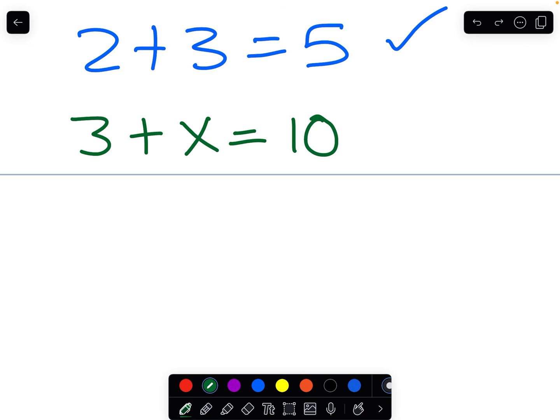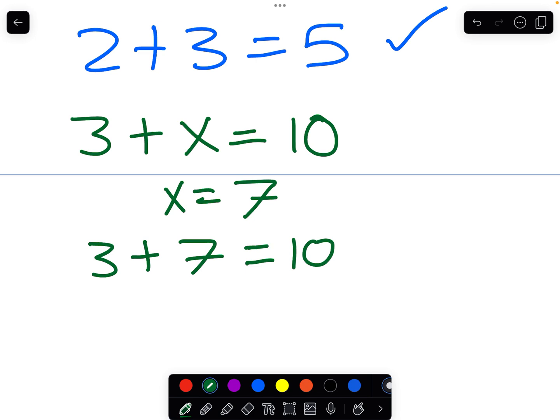But as you do more and more algebra, you will find that it gets easier to understand that x is a letter when we do algebra. 3 plus x equals 10. Well, I know my addition facts, so I know that x must equal 7 because 3 plus 7 equals 10. Let's do a check. 3 plus 7 equals 10. That does check. So x does equal 7.